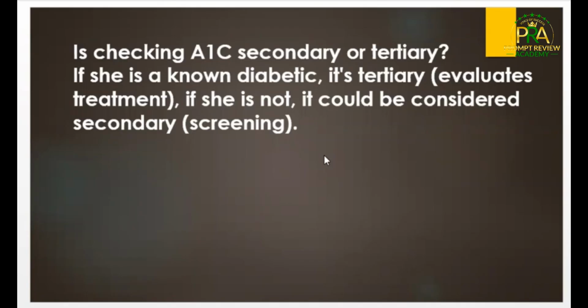The same way, like I said, when you have HIV, the question can be primary, secondary, or tertiary. For example, primary, you are educating them to avoid premarital sex. You are telling them to use a condom, which is prevention for STD.